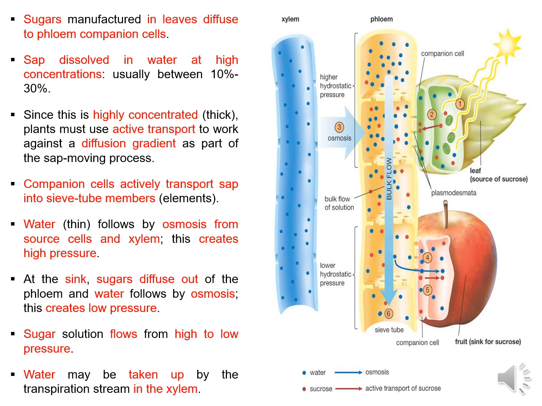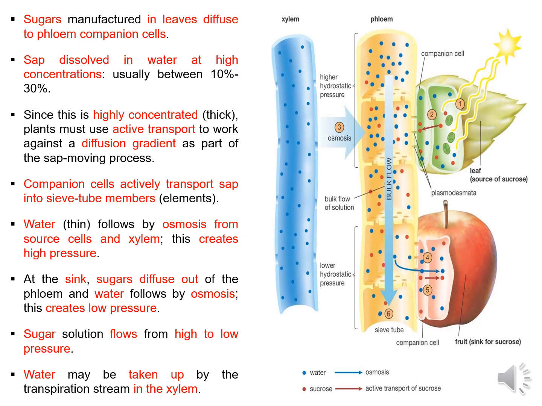The sap, which is sugar dissolved in water, is at high concentration. Since this is a high concentration of solutes, the plant must use active transport to work against a diffusion gradient as part of the sap moving process.